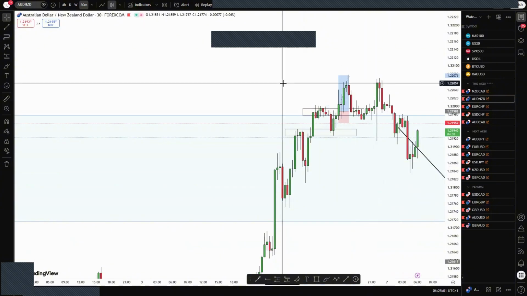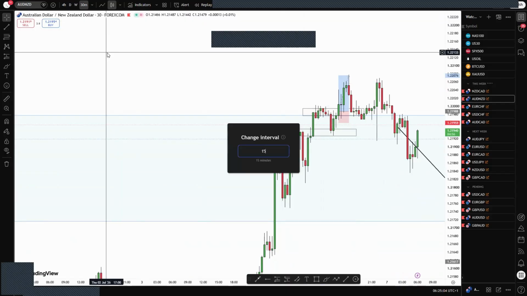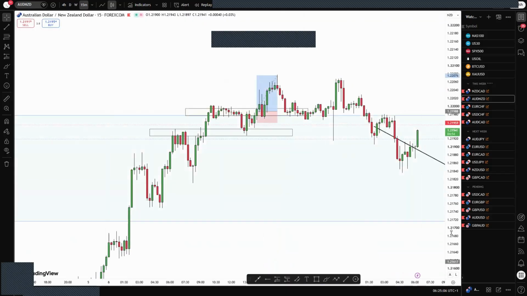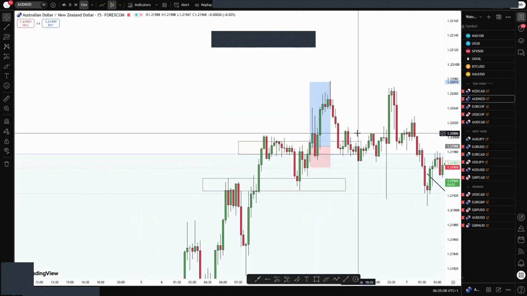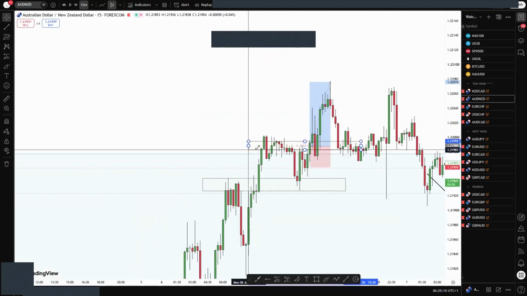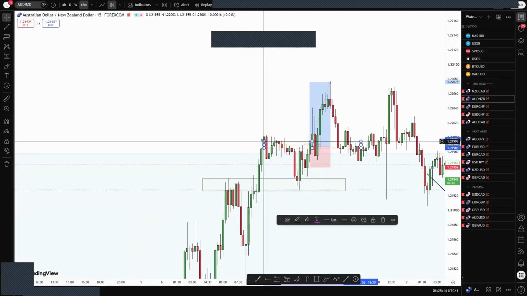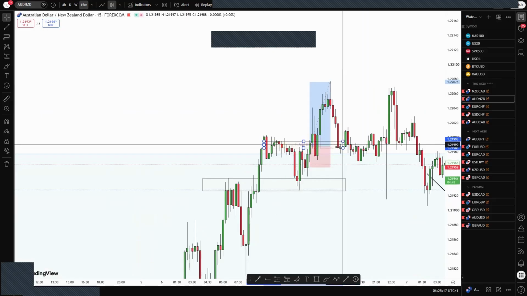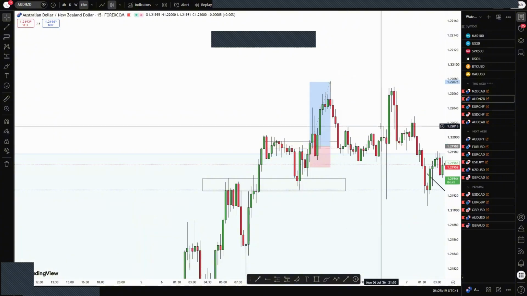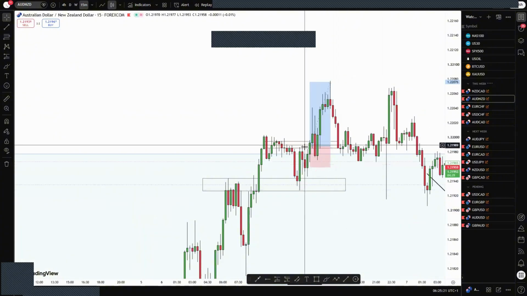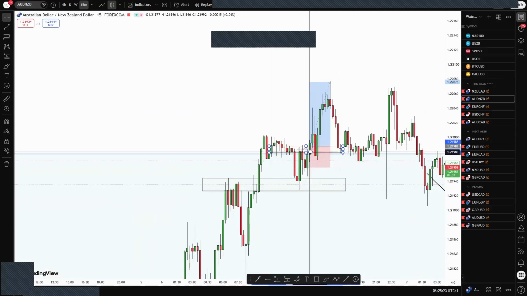Now we went to the 15 minutes time frame, which is the weekly time frame. You can see that this is the point which led to the break. So this is the weekly OG level here. No, what led to the break is this one here.